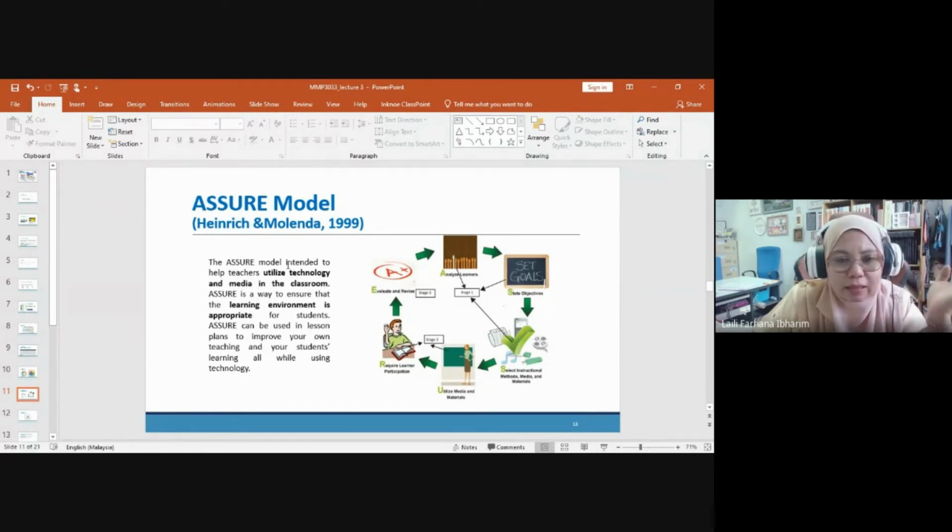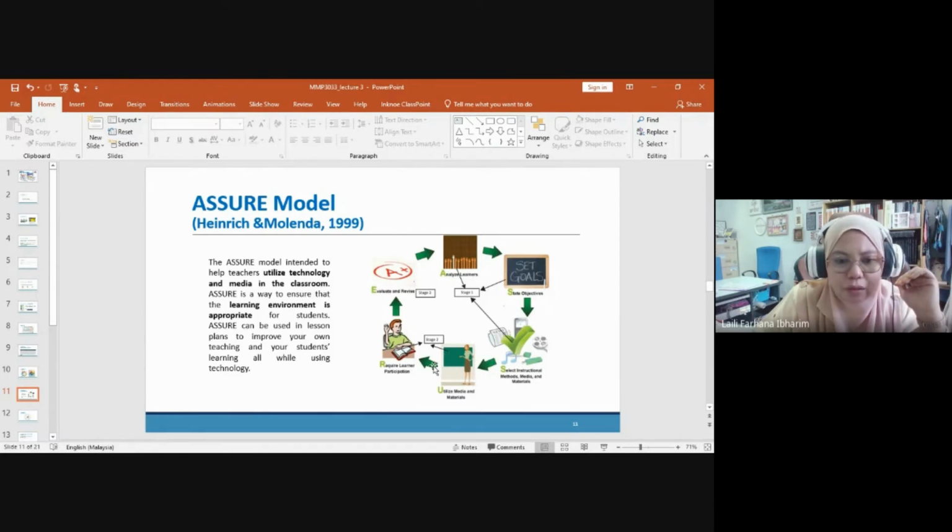Other than that, ADDIE is more general. You can use ADDIE to develop books, and also physical things, but the ASSURE model is more into technology. That's why we have here select instructional methods, media and materials, and utilize media and materials in class.